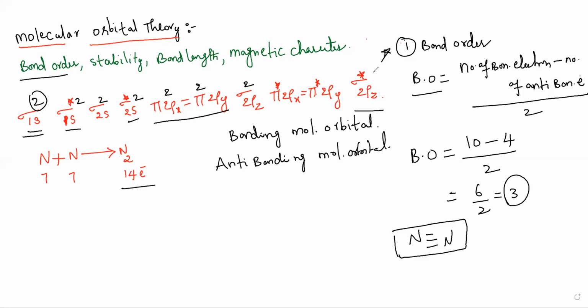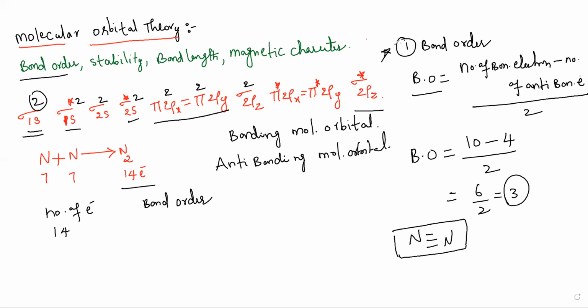So this is one way to find bond order, and there is one more shortcut. That is very simple. We just look at the number of electrons versus bond order. It is the easiest way, and we can use it to solve questions in competitive exams. So that is 14 electrons.